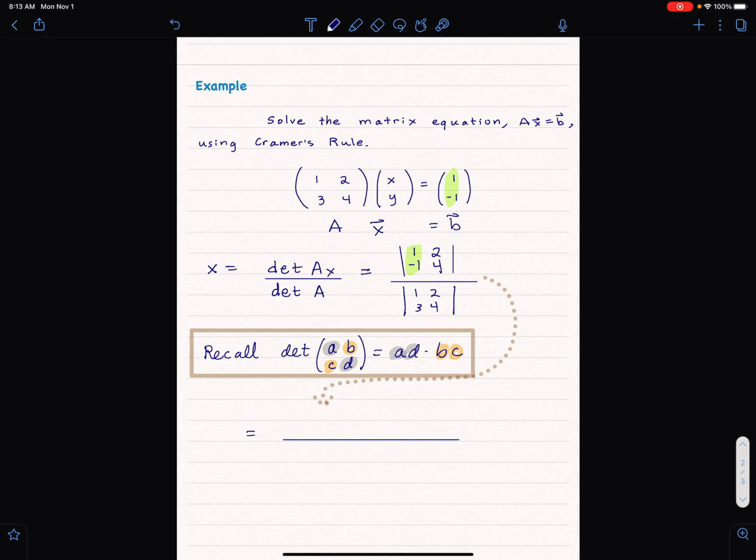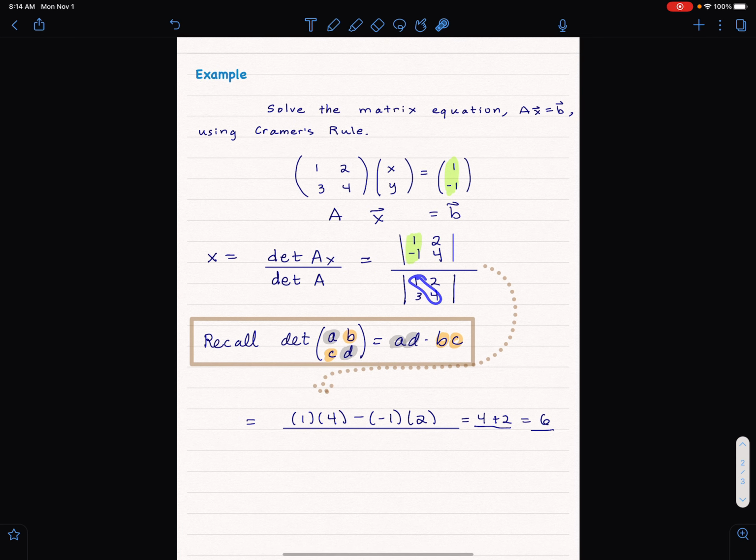For our case, we have 1 times 4, and then we subtract -1 times 2. That's 4 plus 2, which is 6 in the numerator. And then for our denominator, we have 1 times 4 minus 3 times 2. So that gives 4 minus 6, and that's negative 2.